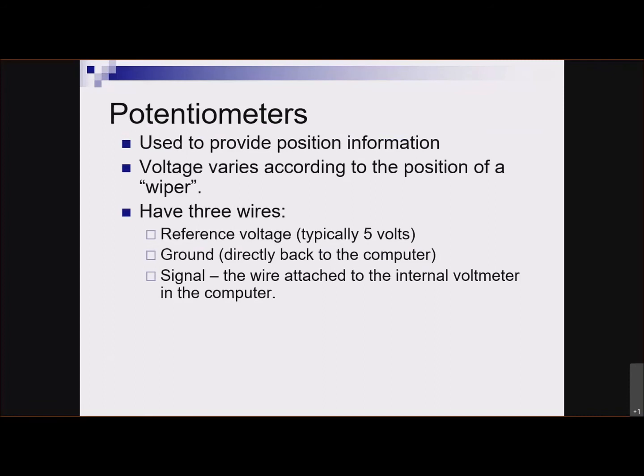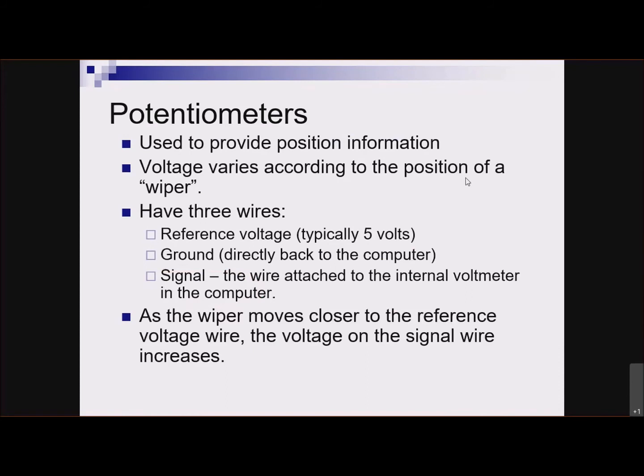And then on a potentiometer, the third wire is the actual signal wire. So the 5-volt wire stays 5 volts. The ground wire stays ground. This third wire is the one that actually changes as the position of the sensor changes.